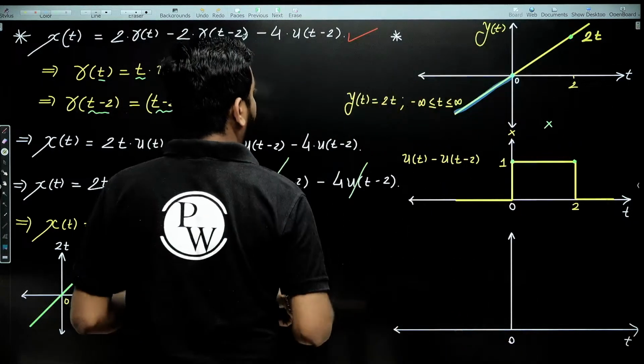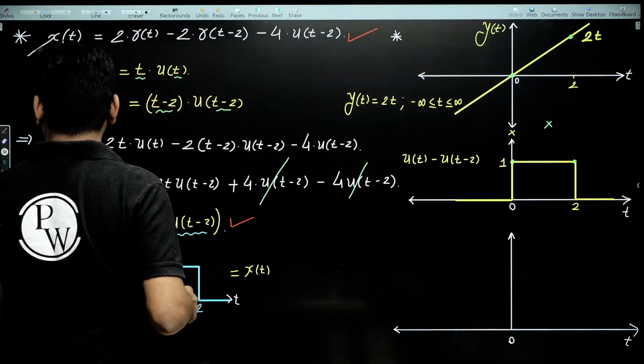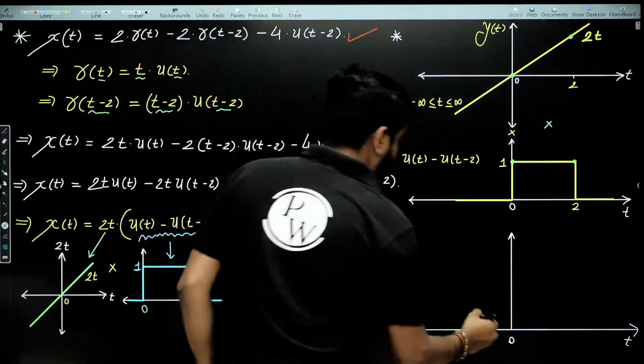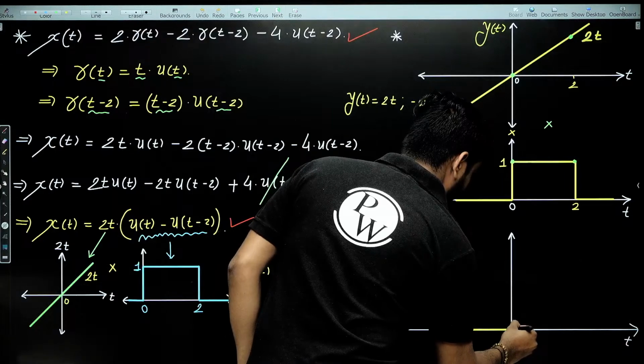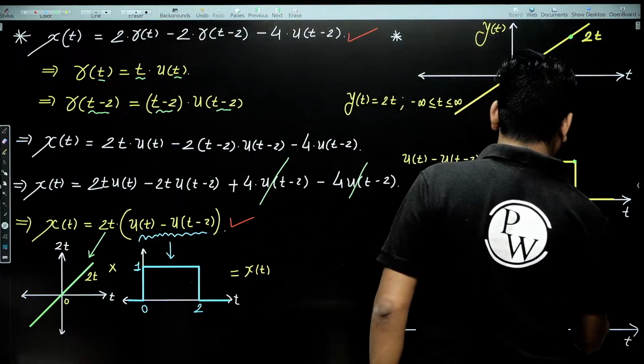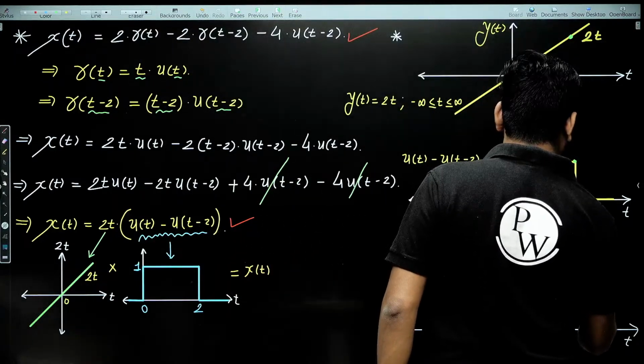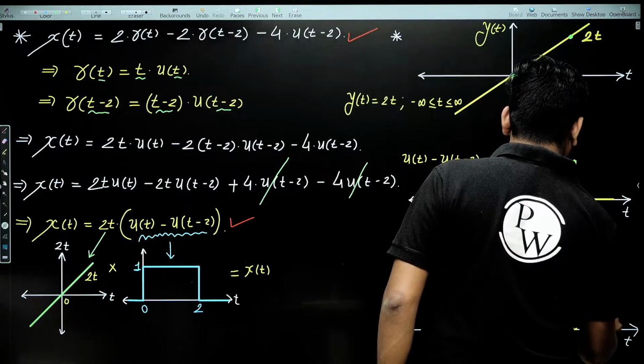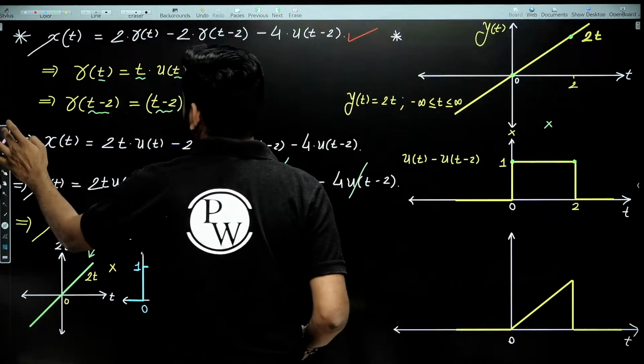Now see, the multiplication answer is nothing but the ramp function between 0 and 2, this ramp function between 0 and 2.